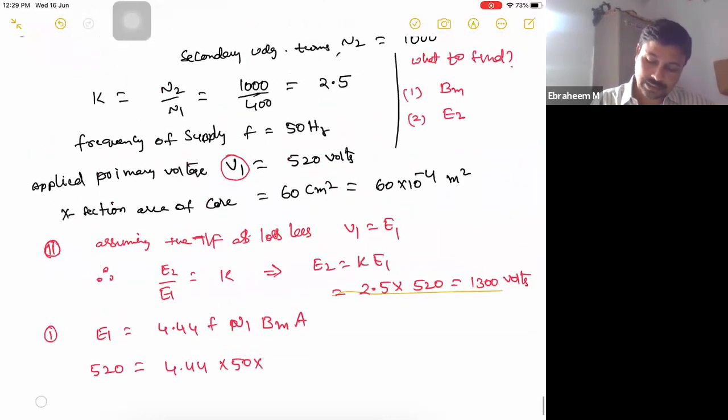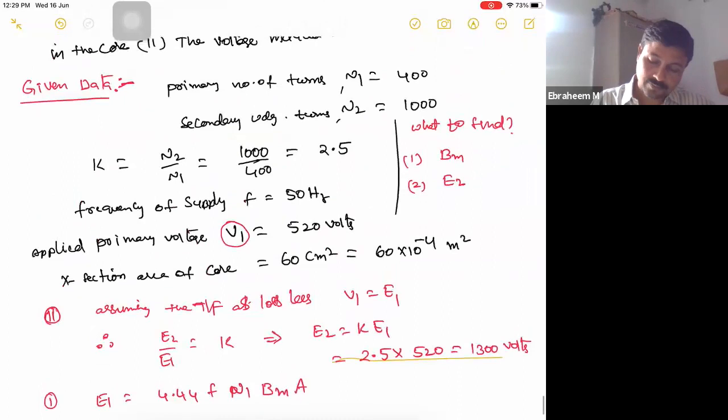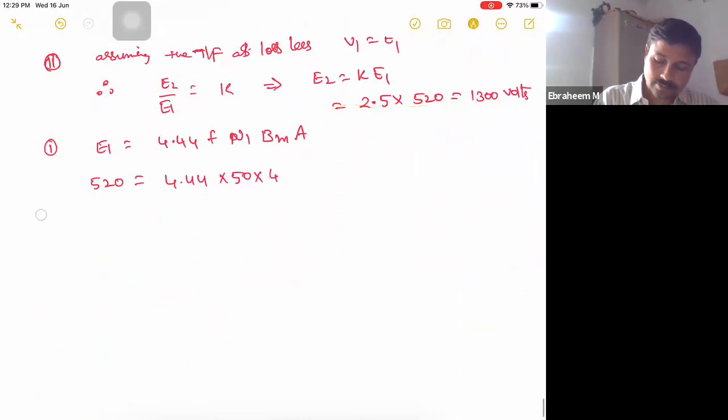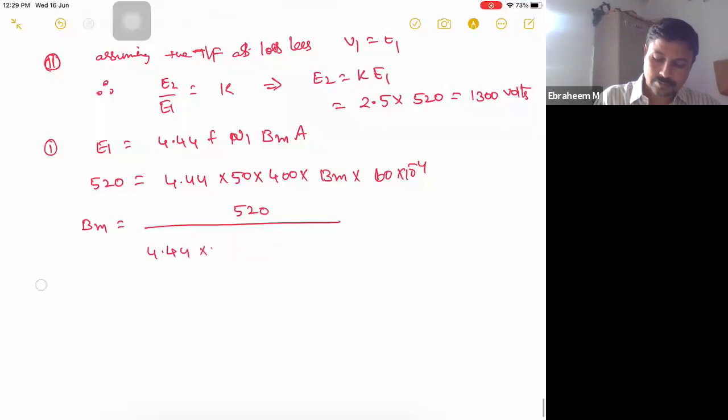Primary turns are how many? 400, into B maximum into 60 into 10 power minus 4. So B maximum is equal to 520 divided by this.